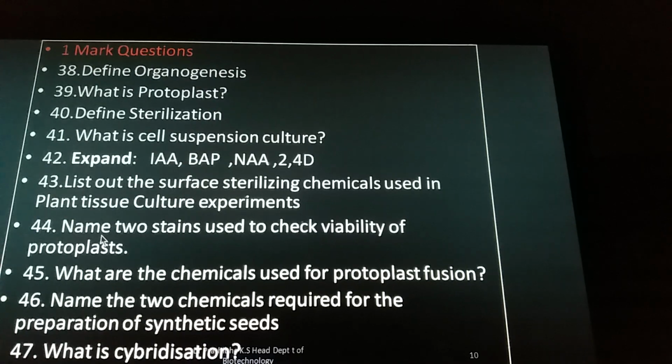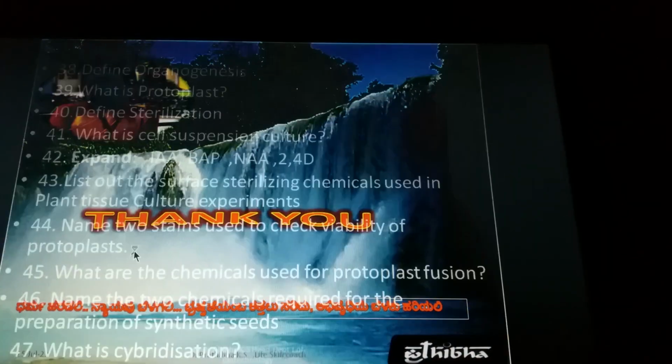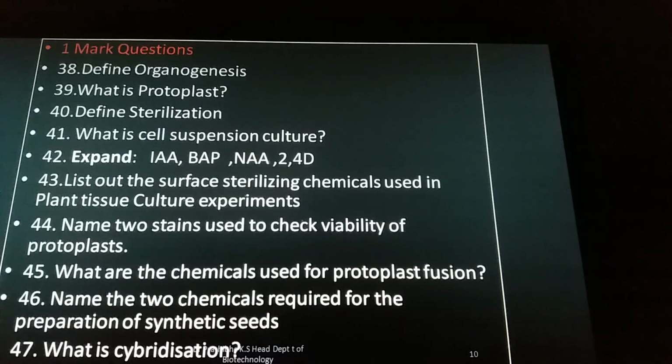Next, name two stains used to check viability of protoplasts. What are the chemicals used for protoplast fusion? Name the two chemicals required for the preparation of synthetic seeds.